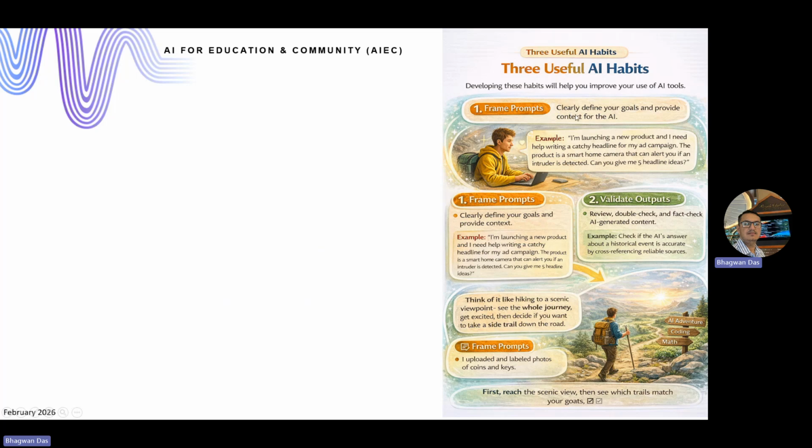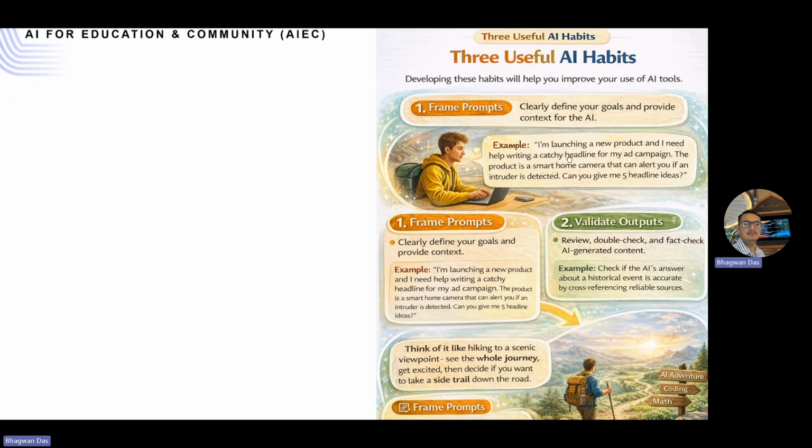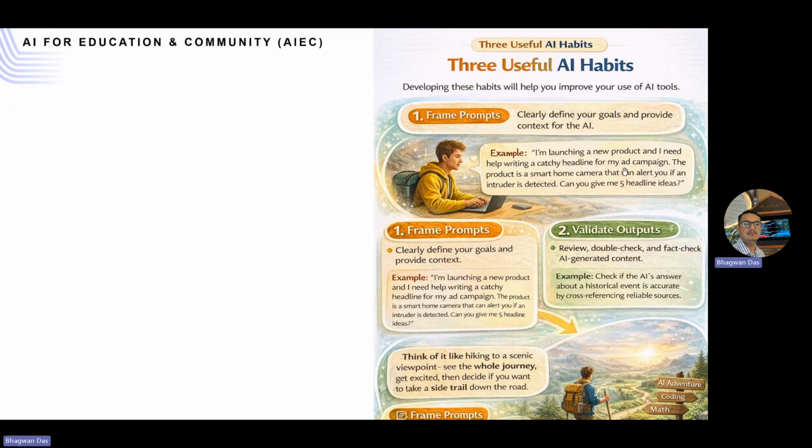Framing the prompt means you have to define your goal and provide a specific context. For example, I'm launching a new product and I need help writing a catchy headline for my ad campaign. The product is a smart home camera that can alert if an intruder is detected. Can you give me 5 headline ideas?